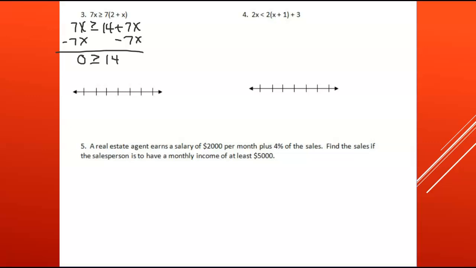Is 0 greater than or equal to 14? No. So if 0 is not greater than or equal to 14, then there's no value of x that makes this true. So this inequality has no solution.